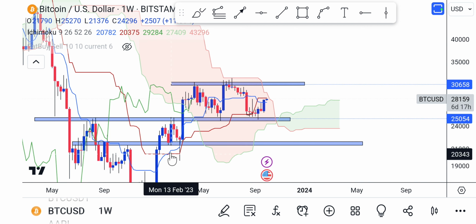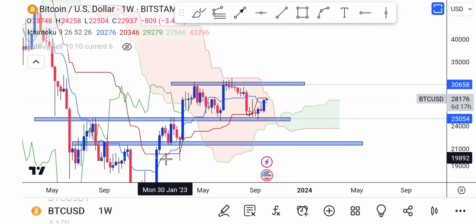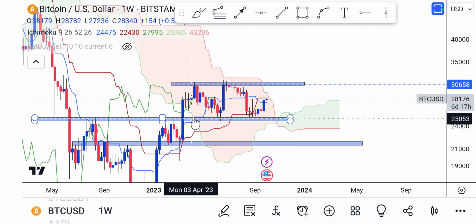You must have the TK cross, a bullish TK cross, below or above the cloud. Anything inside the cloud is a weak TK cross. So we had this bullish TK cross and price is inside the cloud.